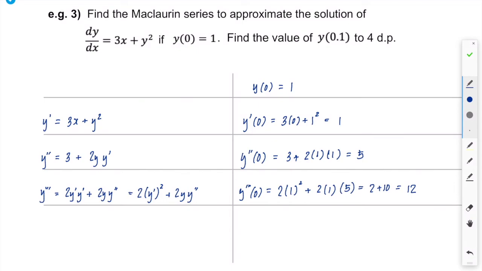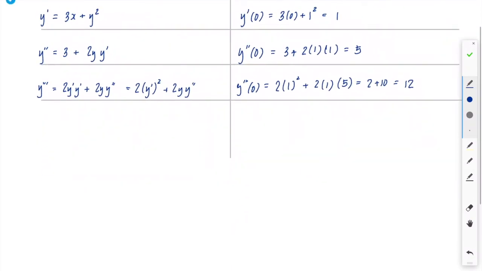Okay. Next, we've got the fourth derivative. So now let's be careful here. I have 2 times y prime squared, so I can use the power rule for y prime times the derivative of y prime, which is y double prime. And then plus the product rule again, 2y times y double prime.